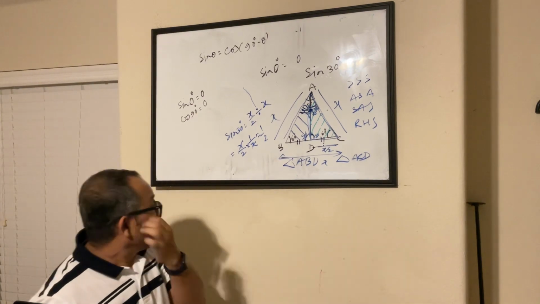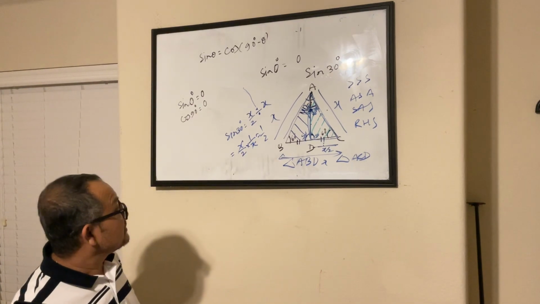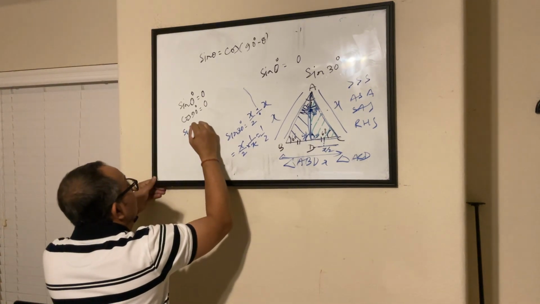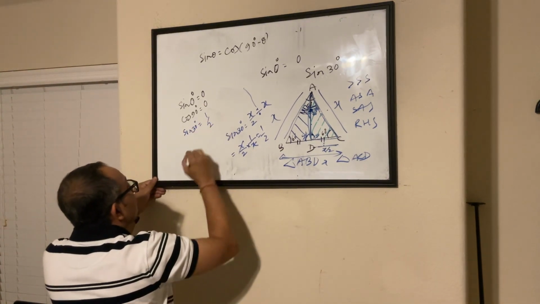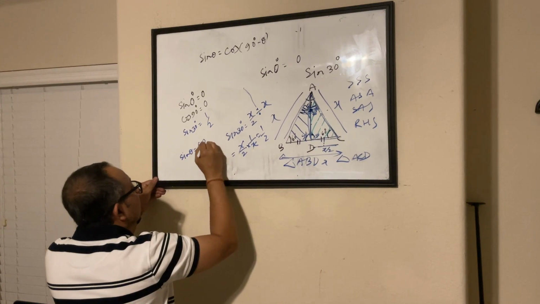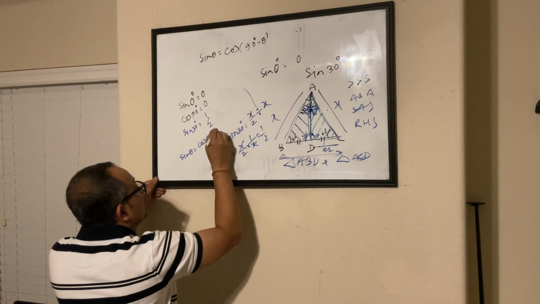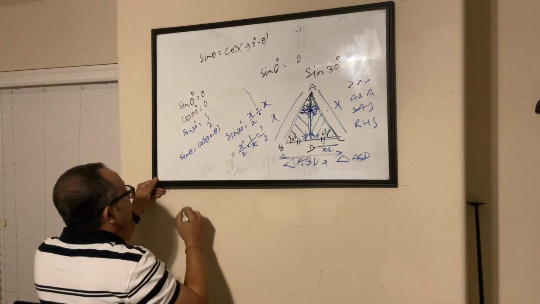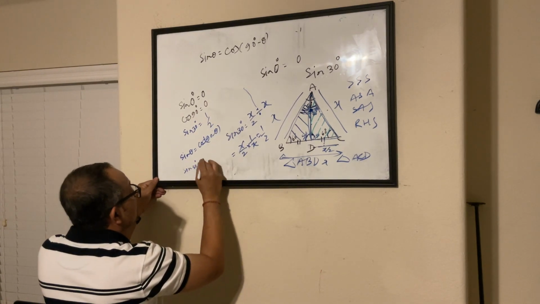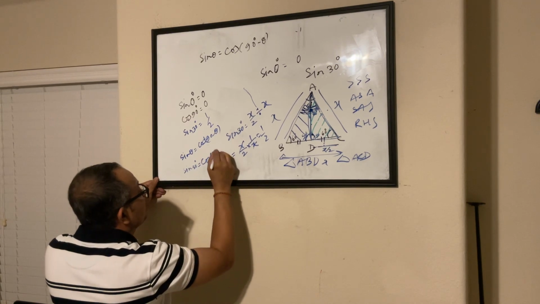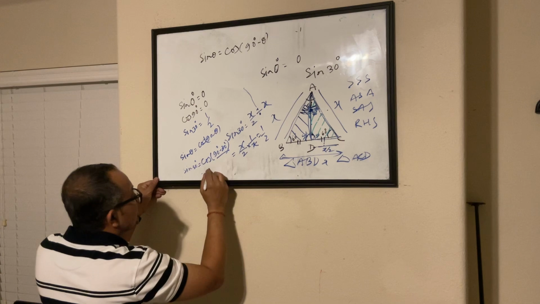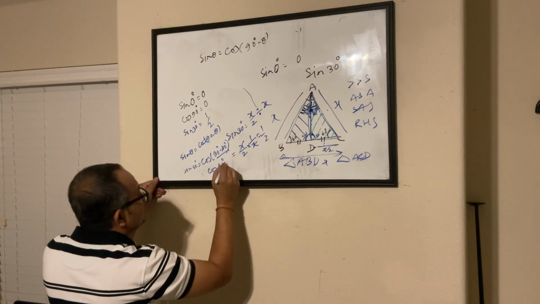Now, if I got sine of 30 degrees as 1 by 2, we know that sine of theta is equal to cos of 90 degrees minus theta, by the rule of complementary angles. Sine of 30 will be equal to cos of 90 degrees minus 30, which is cos of 60 degrees.